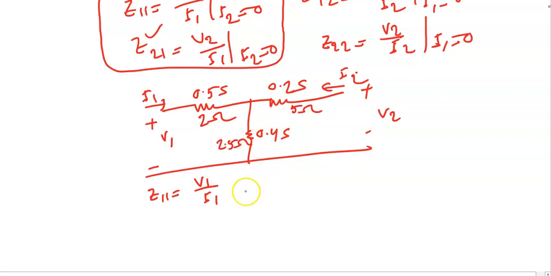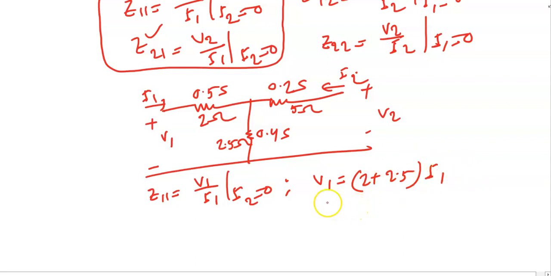So no current flows, so you can easily write when I2 equals 0, V1 is equal to 2 plus 2.5 I1, because I2 equals 0. So G11 is equal to V1 upon I1, which is 4.5 ohm, right?